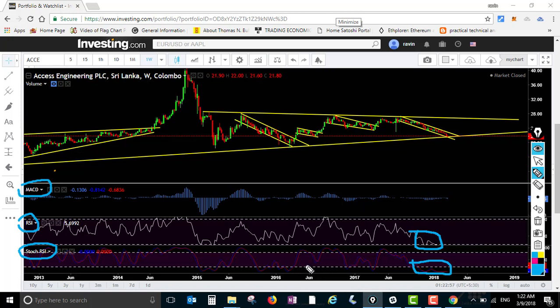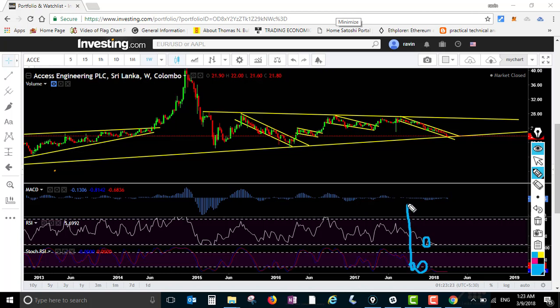For example, stochastic is a leading indicator, which means it gives the signal before anyone else. If you look here, it went to the oversold area before RSI, right? RSI was already here, but stochastic is here.